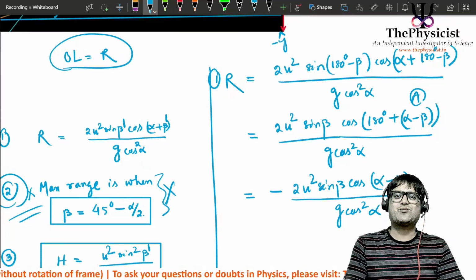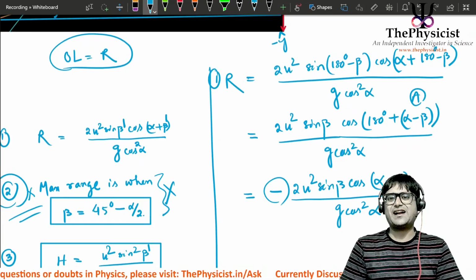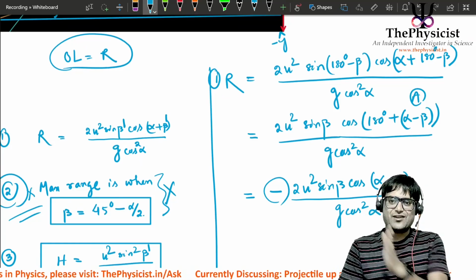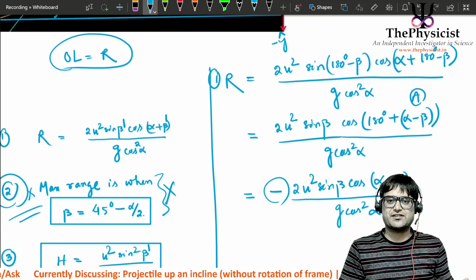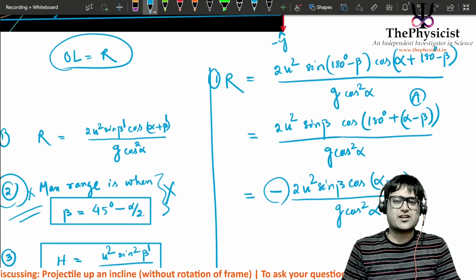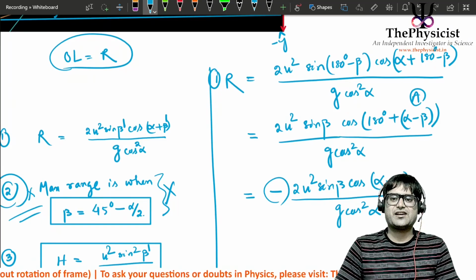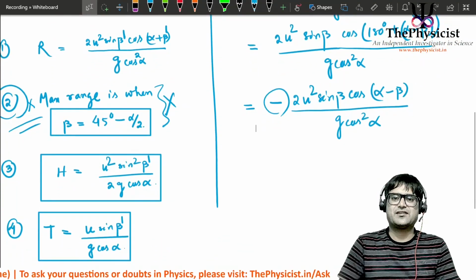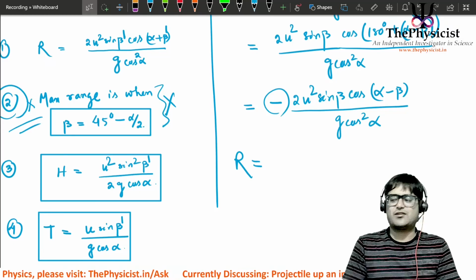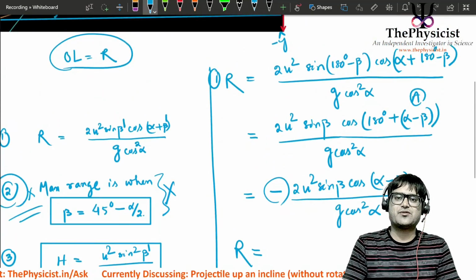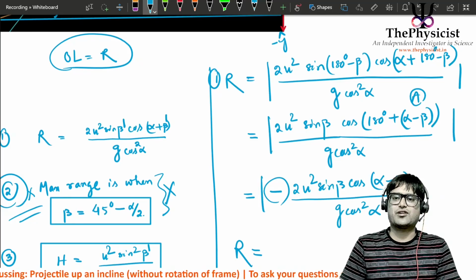But what does this negative sign indicate? This negative sign indicates that the range is not along the positive direction starting from the origin, it is down in the negative inclination direction, right? So we can simply ignore the negative sign, and eventually we will write that the range will be simply, here we can use a modulus sign.